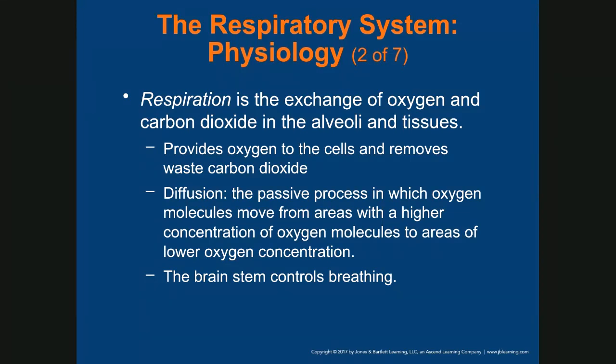So you can have pulmonary respiration and cellular respiration. It provides oxygen to the cells and removes waste, carbon dioxide, and the exchange occurs via diffusion. So this is a passive process in which oxygen molecules will move from areas of higher concentration to areas of low oxygen concentration, right?